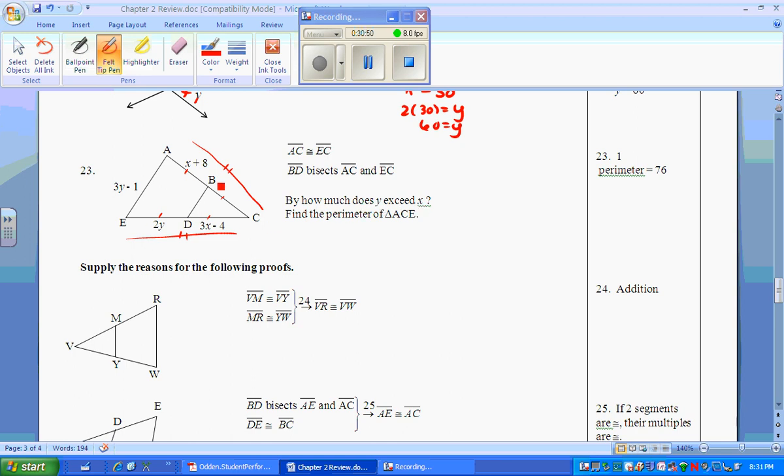But how much does y exceed x? Well, when you look at it, you can say, okay, using like divisions, I can see all the pieces are congruent, so I can set x plus 8 equal to 3x minus 4. Solve for x.